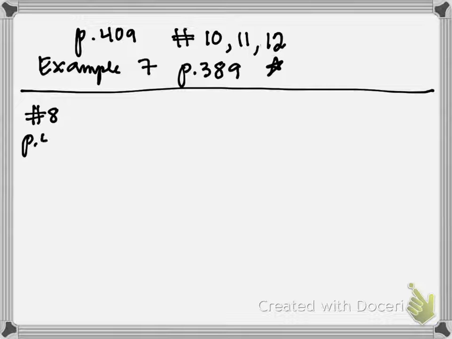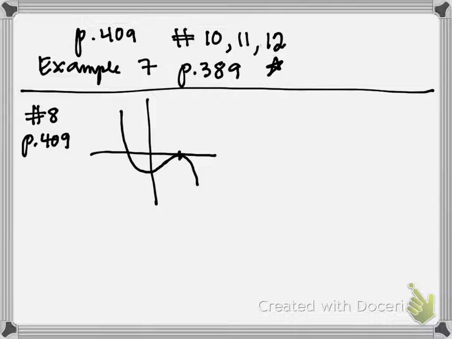This is page 409. Okay, so in problem number 8, you can see that the graph, although this graph is in your book, I'll just do a quick sketch here. So you have these 3 points here. Okay, so this point here is at -1 on the x.